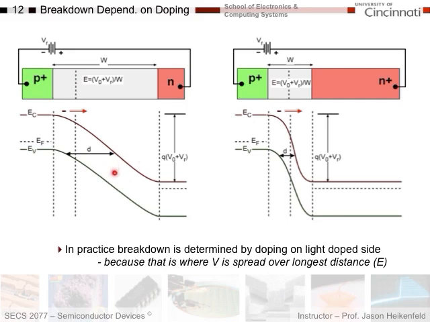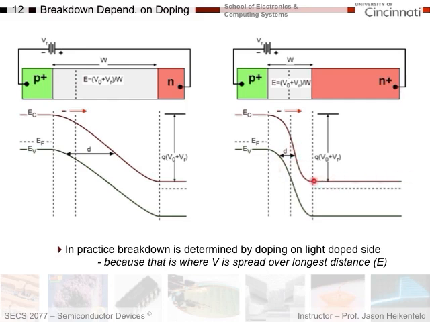This is a great long depletion region for the electron to get enough energy to cause avalanche breakdown. So this is a good setup for avalanche breakdown.